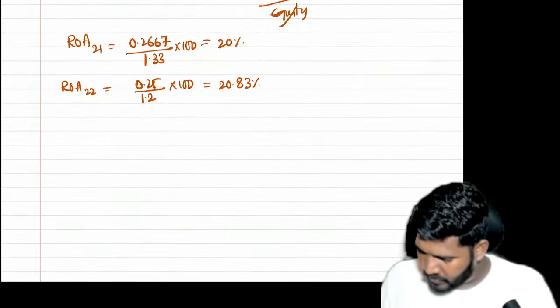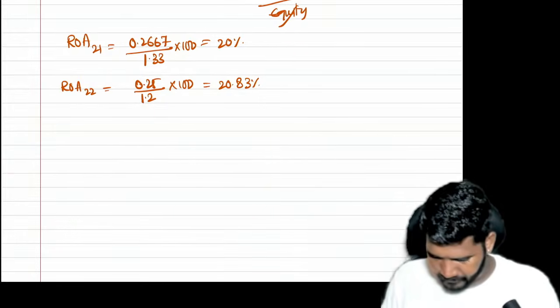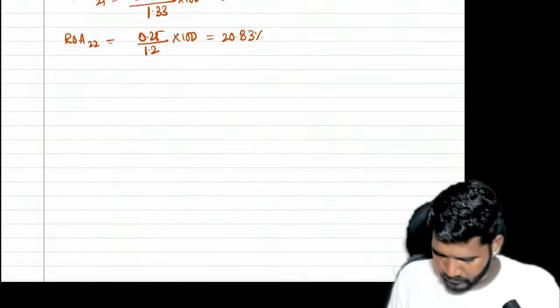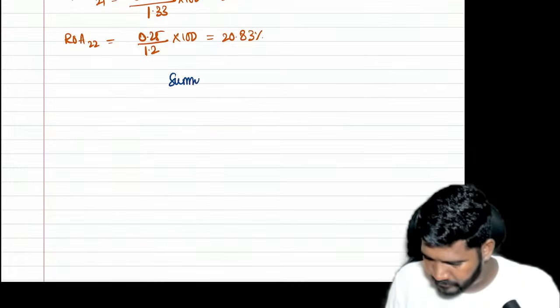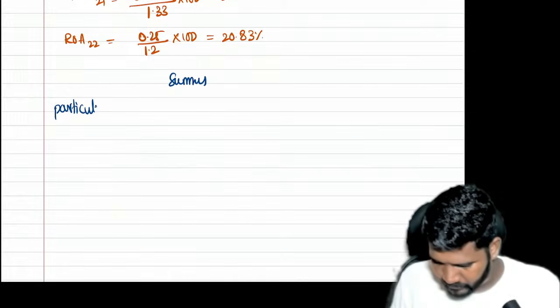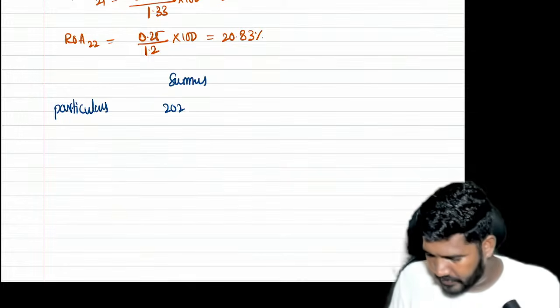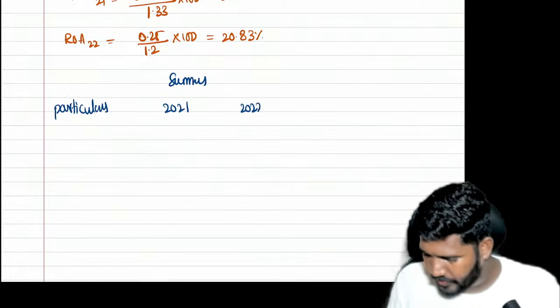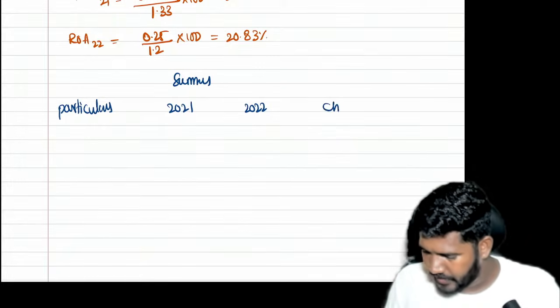Now we have to construct a table called summary. Particulars, 2021, 2022, change.